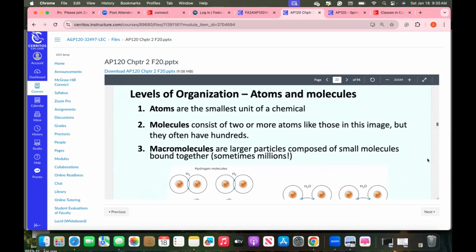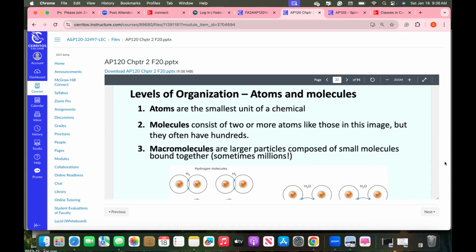Atoms are the smallest unit of a chemical. Molecules consist of two or more atoms like those in this image, but they often have hundreds. So hydrogen molecules are two atoms of hydrogen that come together. That's a molecule.